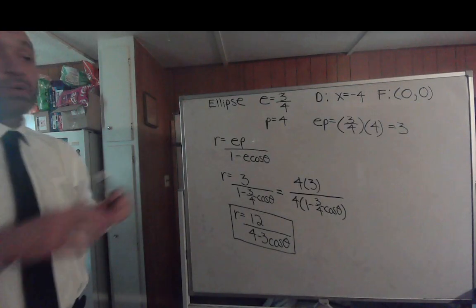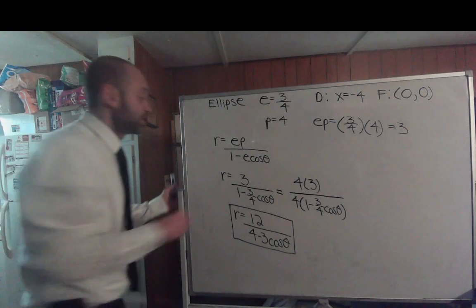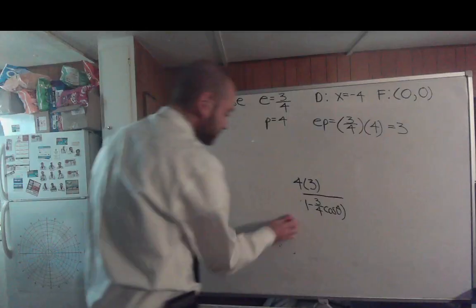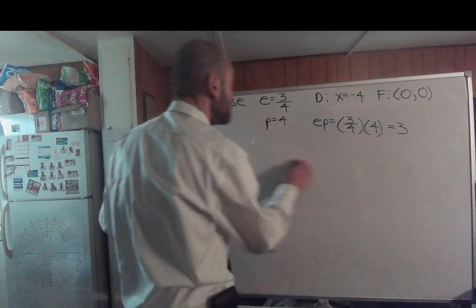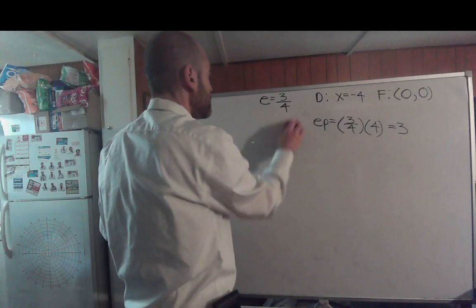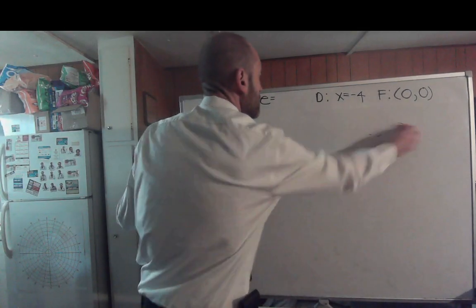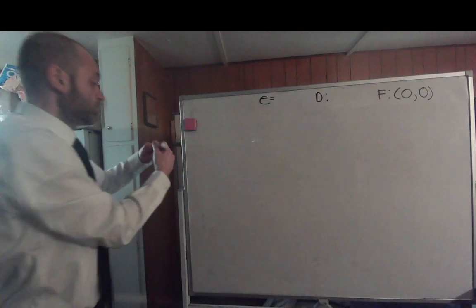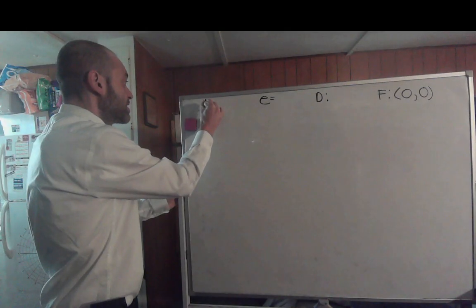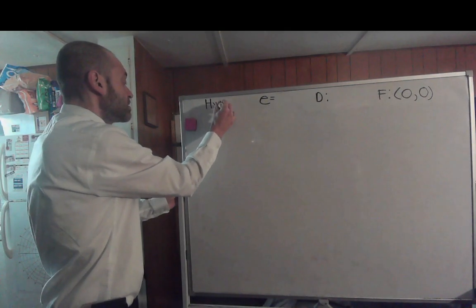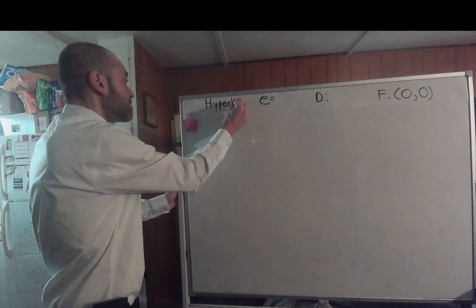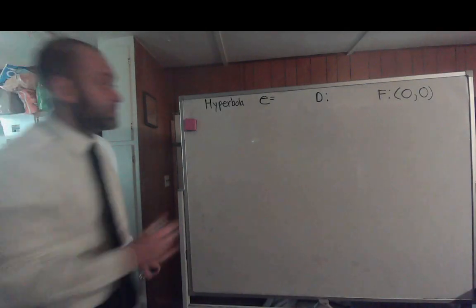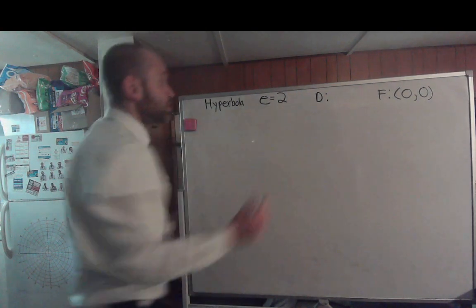Alright, so you know what's coming now, hyperbolas. We knew it was coming. Good news is the focus will still be at 0, 0, but we know for the next two we're dealing with hyperbolas. The eccentricity in this case is 2.